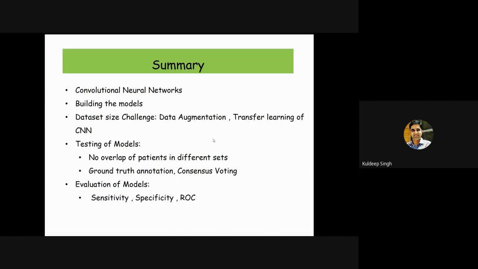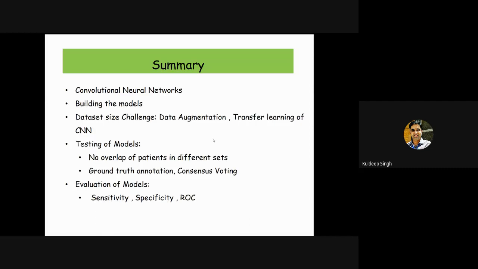We also discussed the data size challenge and different solutions to it, like transfer learning, where we can take a pre-trained convolutional neural network, which is trained on some different domain, and transfer it to our medical domain, where we have a smaller number of images for our medical modalities. We can also use data augmentation, where we can create new images by changing the contrast or rotation or flipping the same image, and we increase the number of images for training.